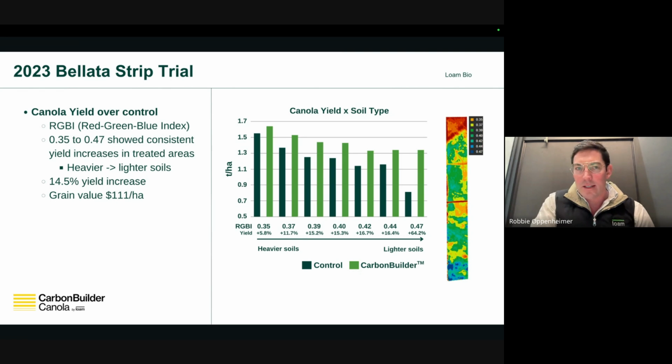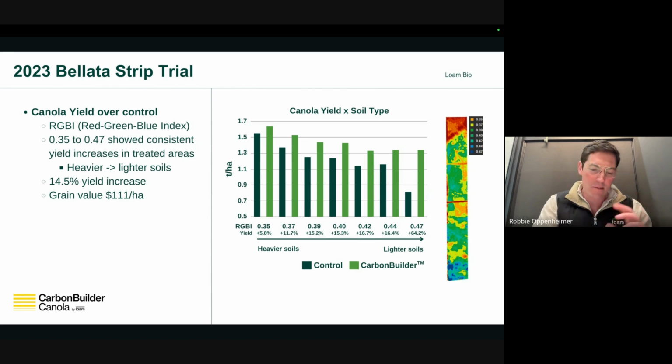So basically what they can see across this area is a mix of heavier soils, higher clay content, to lighter soils. When they split out the results here, though there's an average 14.5% yield increase across the paddock, there's a small increase in yield in the heavier areas and a much larger increase in yield in the lighter areas.